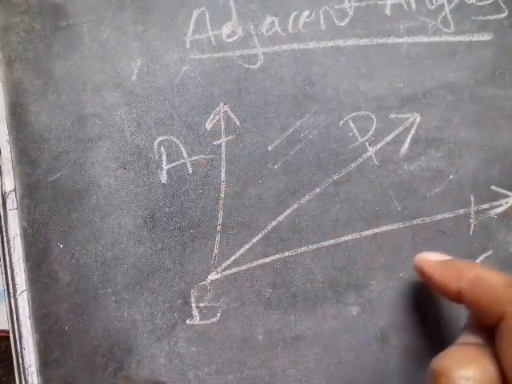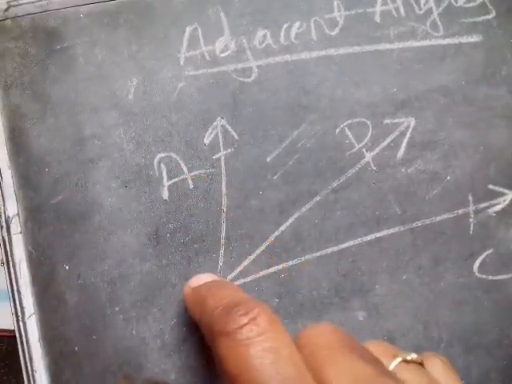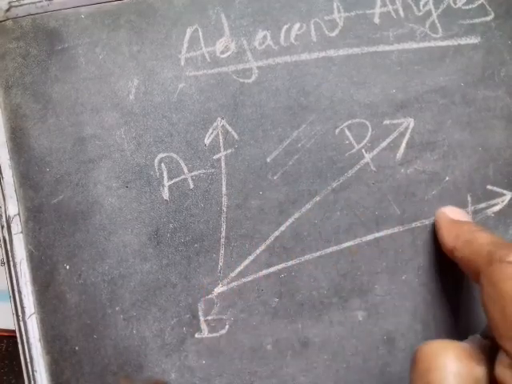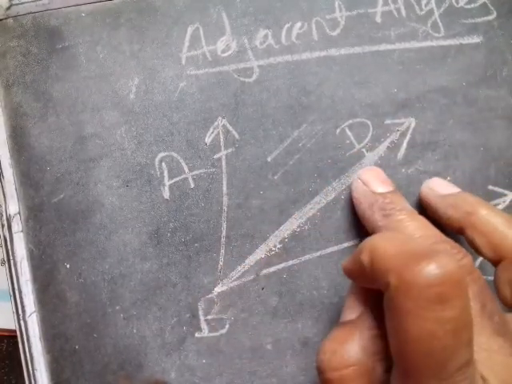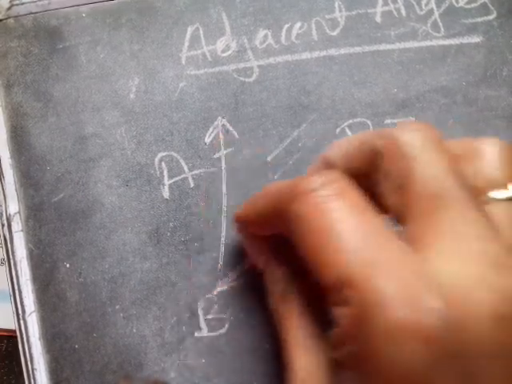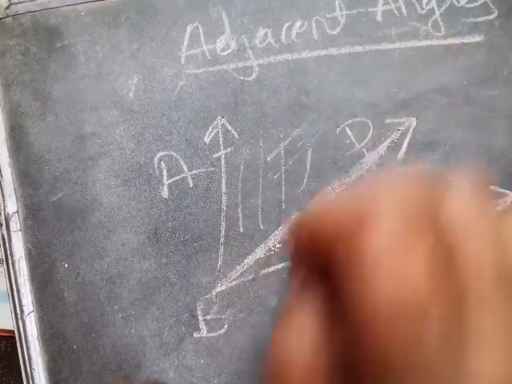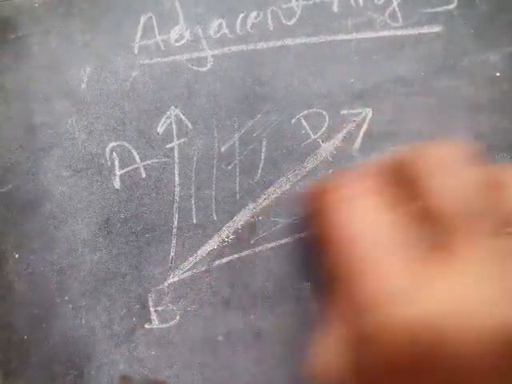I am getting three angles. But what do adjacent angles mean? Angles ABD and DBC have the common arm BD, and their interiors are different.